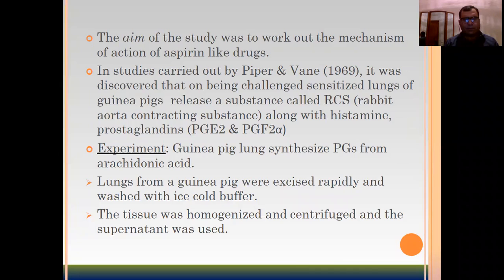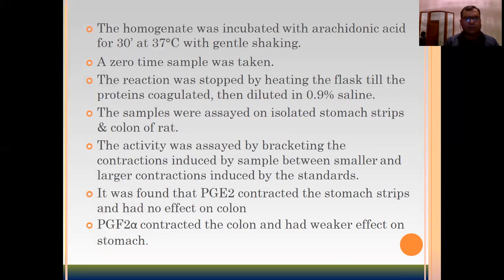Lungs from a guinea pig were excised rapidly and washed with ice-cold buffer. This tissue was homogenized and centrifuged, and the supernatant was used. The homogenate was incubated with arachidonic acid.